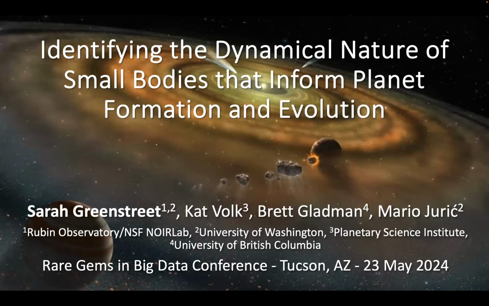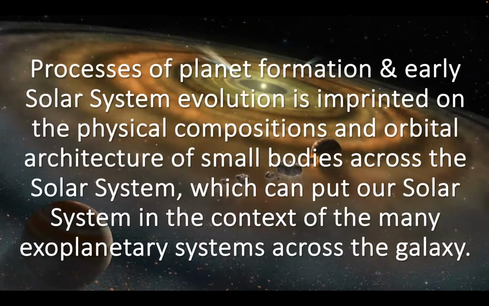I am an assistant astronomer at NOIRLab, and I largely study the orbital dynamics of small bodies across the solar system. So today I'm going to be talking about the importance of identifying the dynamical nature of small bodies throughout the solar system, because the processes of planet formation and the early evolution of the solar system is imprinted on all of the small bodies across the solar system in both their physical compositions and their orbital architectures.